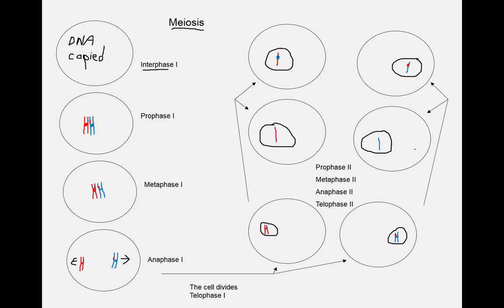So that is one key characteristic of meiosis, making these genetically unique gametes, and we end up with 4 haploid sex cells, either sperm if we're talking about a male, or eggs if we're talking about a female.